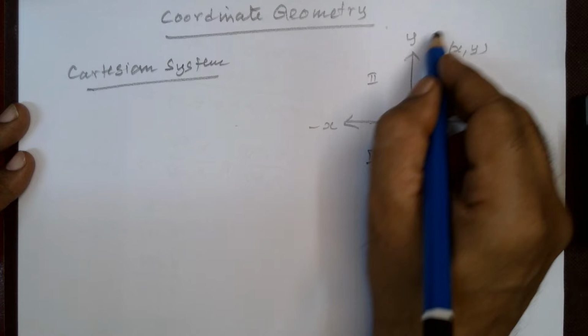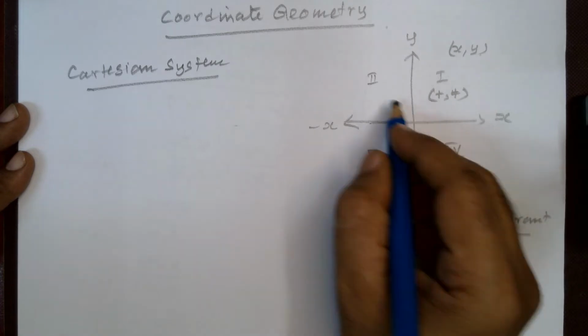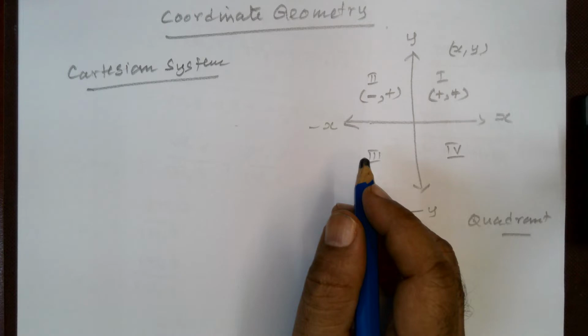And here minus x. So here we can represent this as minus and plus. It means x is minus.